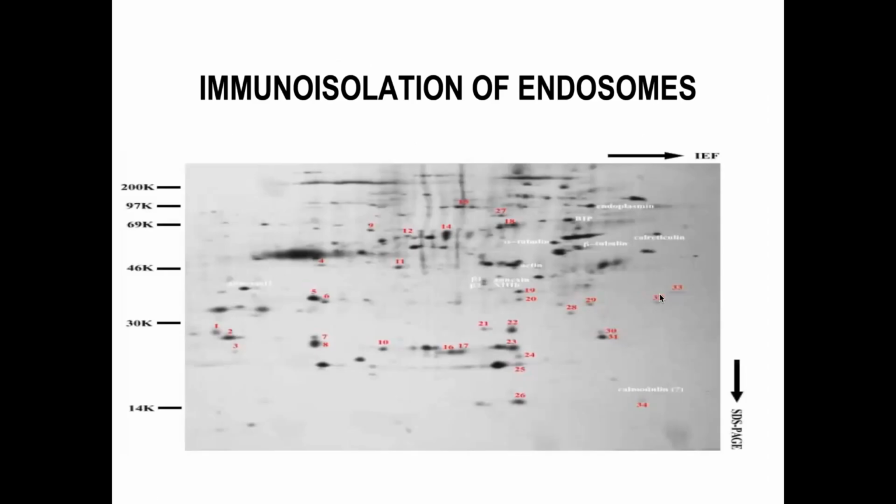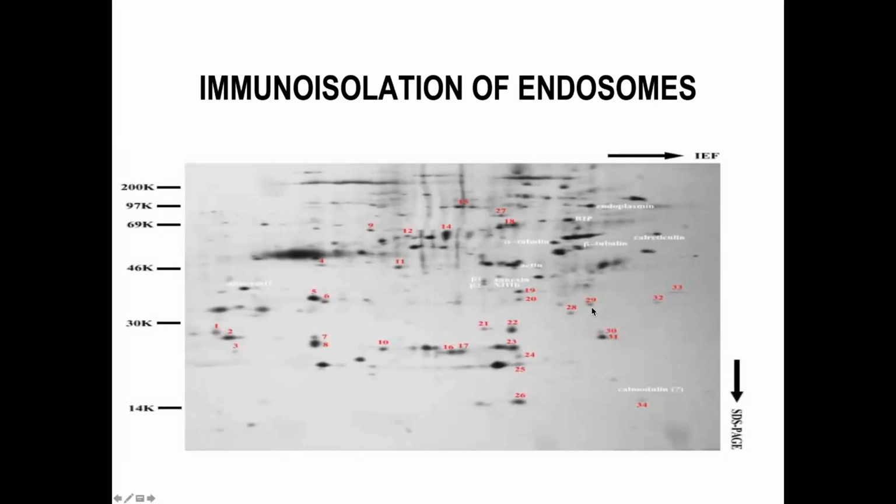This shows you again a visualization of such an immunoisolation of endosomes. All these numbers that have been put here on the proteins in red show late endosomal proteins that have been newly identified and are highly specific for that organelle, and the white ones show contaminants that come from the ER, like BiP, calreticulin, tubulin from the cytoskeleton, and actin isoforms.